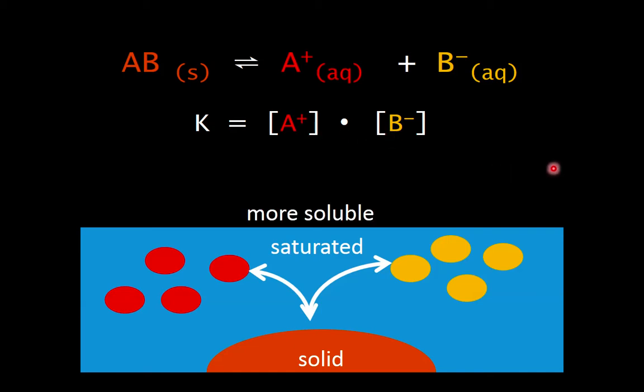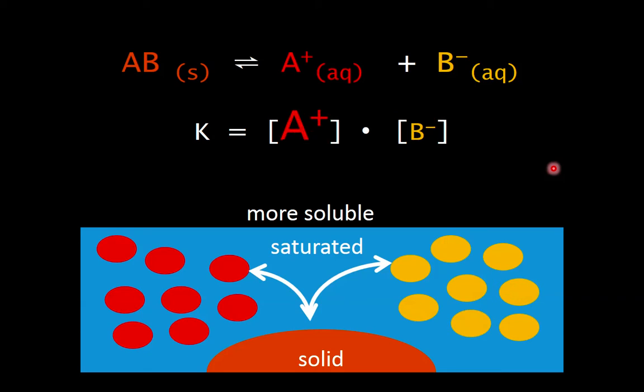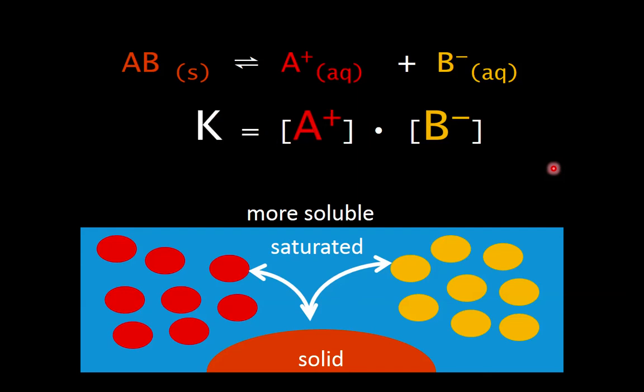If a substance is more soluble, there's going to be more of those ions present in water. So the value of the concentration of A is higher, and the value of the concentration of B is higher. When you take two numbers that are bigger and multiply them, that gives you a bigger value of the product, represented as K.